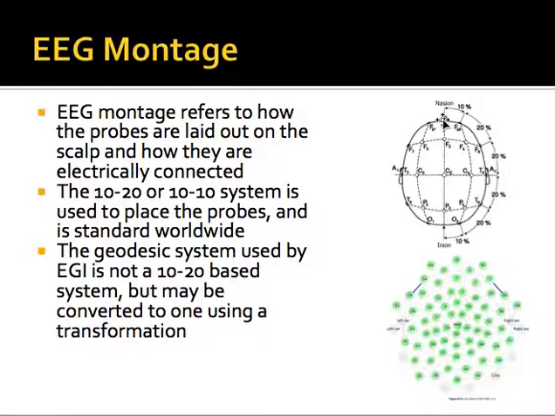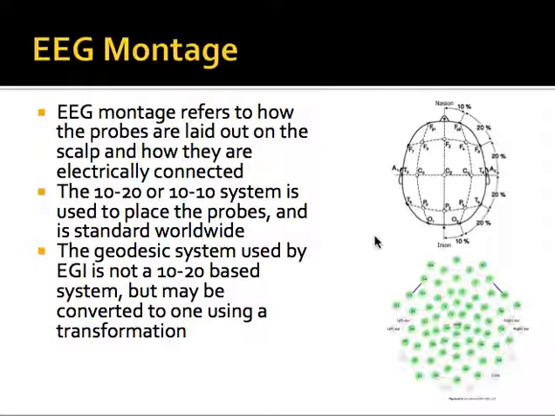If you find the depression right at your nose, and the little piece of bone right at the base of the back of your head, and you call that distance 100%, then you can divide that into 10%, 20%, 20%, 20%, 20%, and 10% intervals. That's why it's called the 10-20 system. The electrodes are laid out then on a grid, and many of the conventional caps that you buy will have this kind of layout.